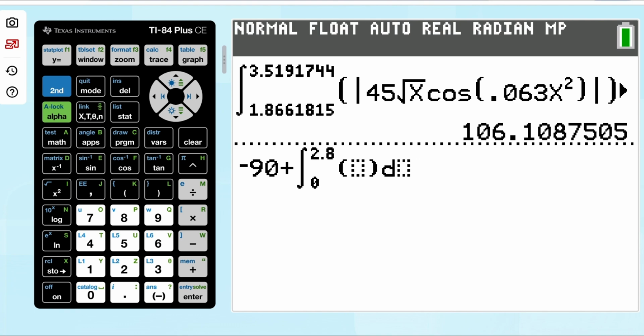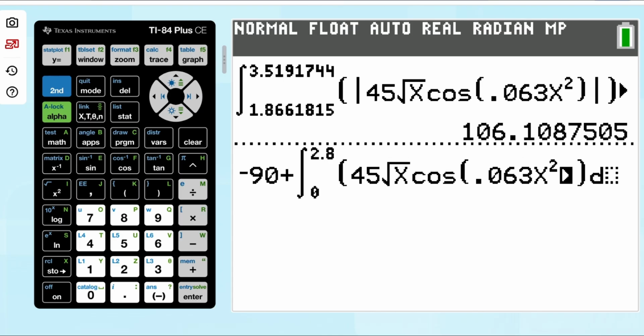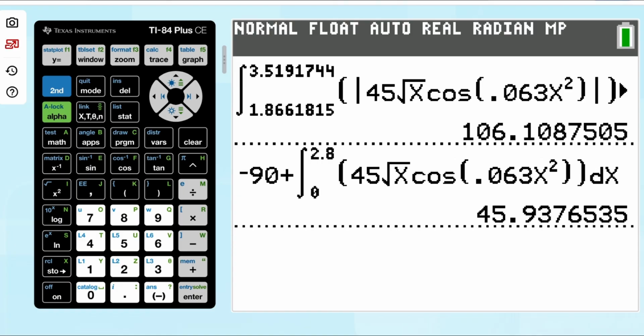And of course, it is of the same function that we've used a bunch of times here. It's 45 square root of x, and then it is cosine of 0.063 x squared. We'll close our parentheses there, and we'll put our dx, and we should get a value of 45.937653.